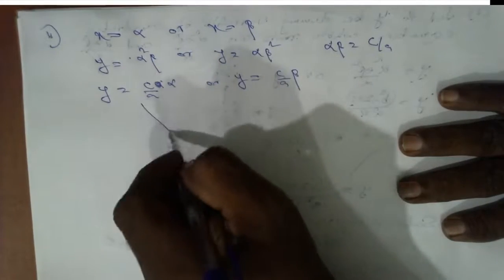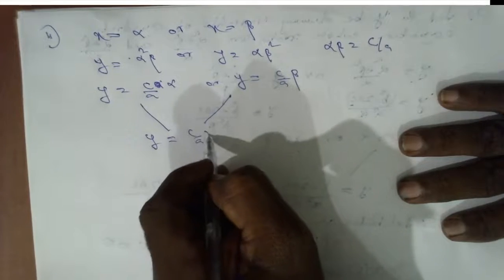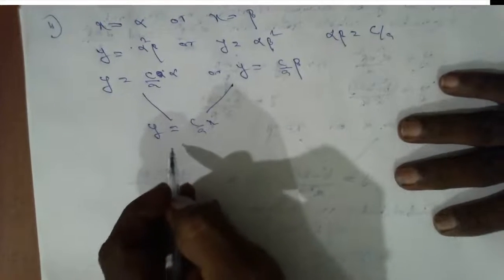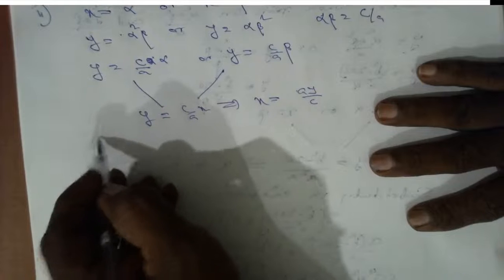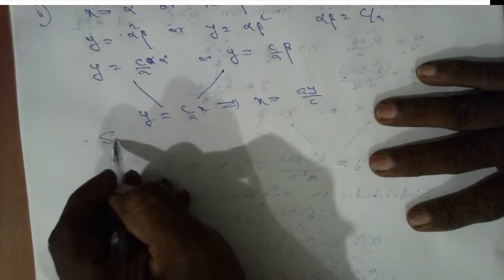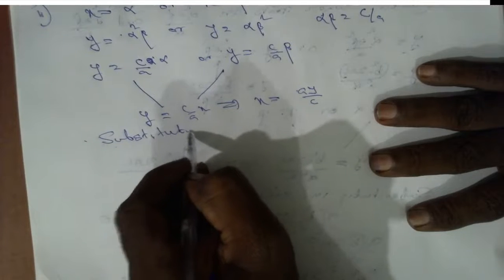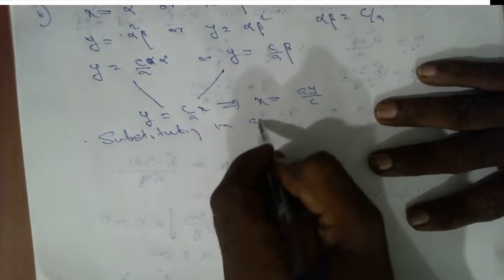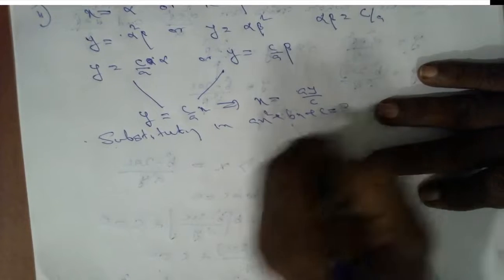Now you can get the same relationship, y equals c over a times x, then x equals ay over c. Now you can substitute in x squared plus bx plus c equals 0.